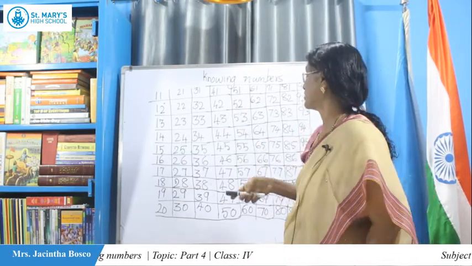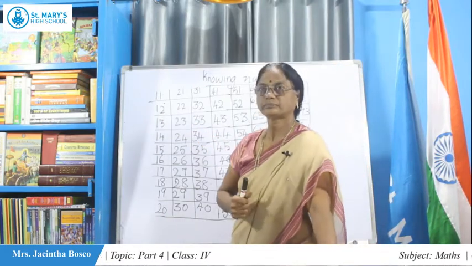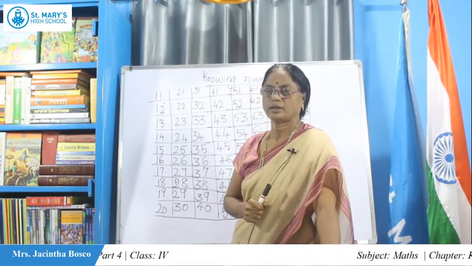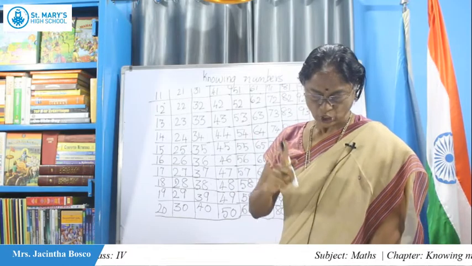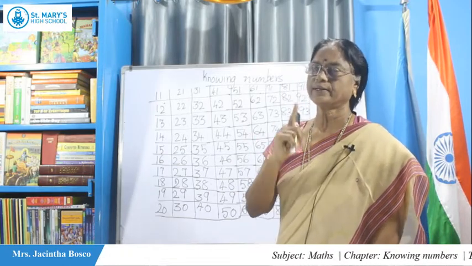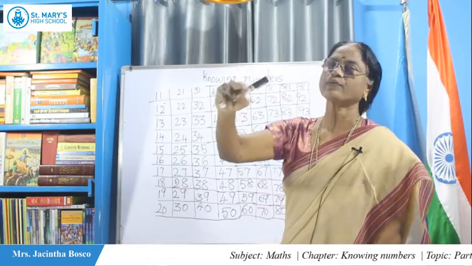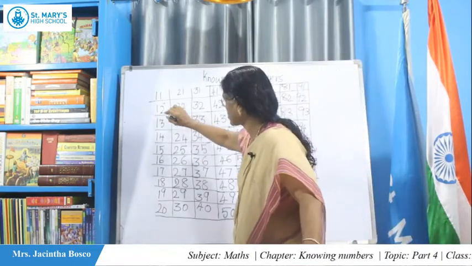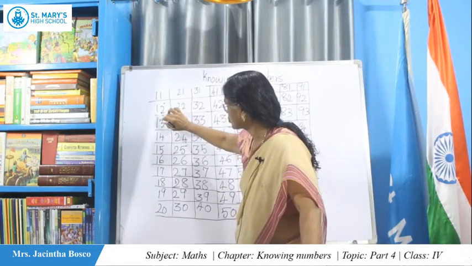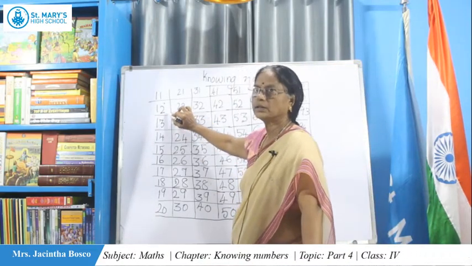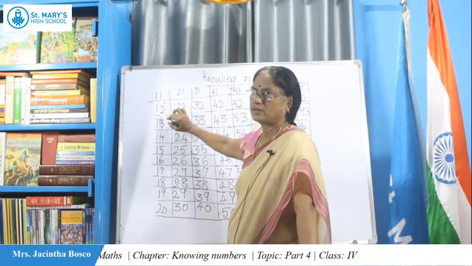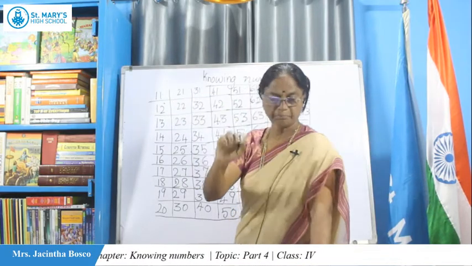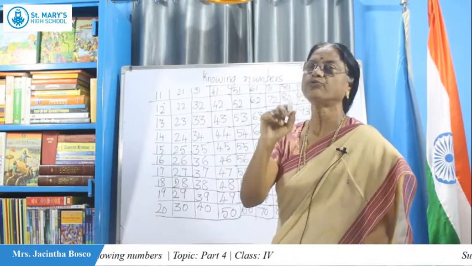So, which number shall we write? 12. Once again, listen to the question. Whose digit in the tens place is twice? In the tens place, the digit should be twice that in the units place. That type of numbers he is asking you to find out.